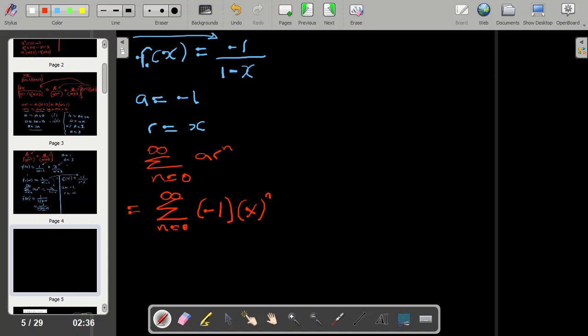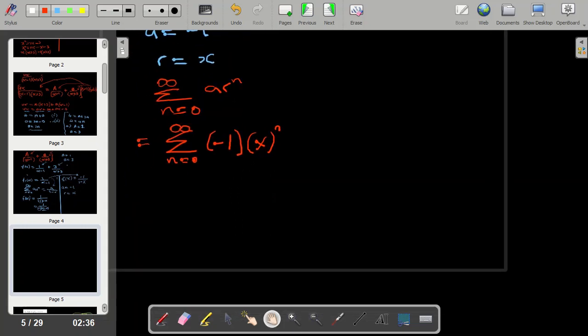So this is our geometric power series for the first function. Now let's proceed with the second one, then we'll combine the final result. So we had our second function, which we'll call f2 of x.